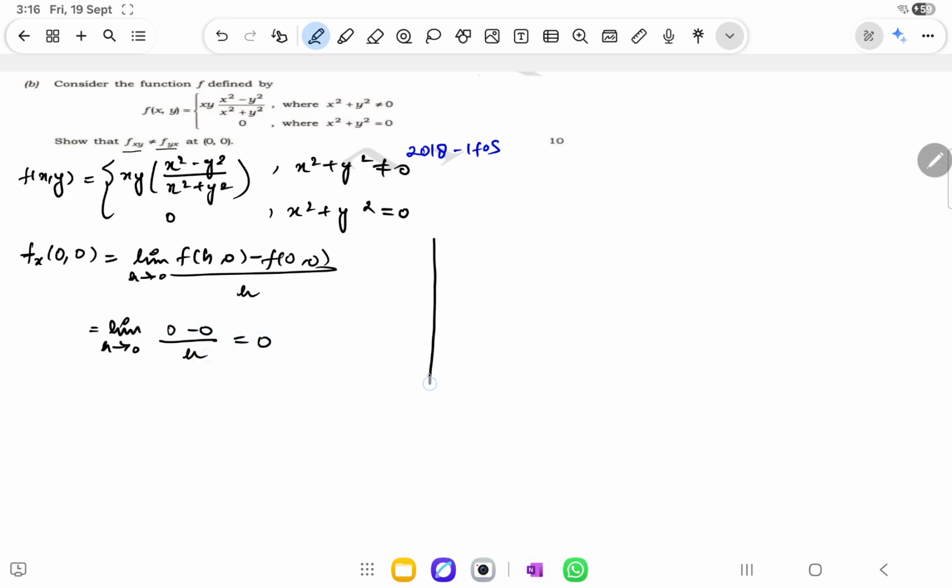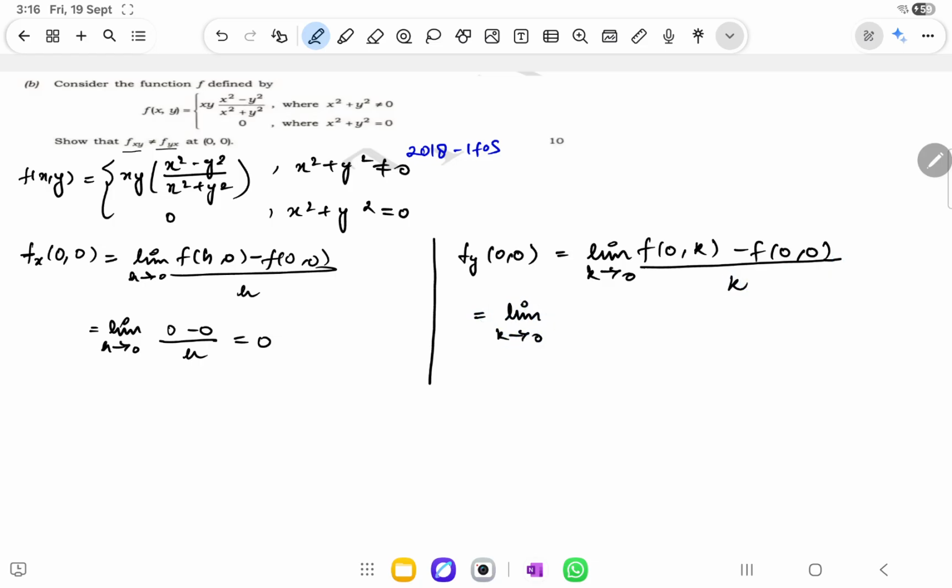Likewise, if we calculate fy(0, 0), this will be the limit as k tends to 0 of [f(0, k) − f(0, 0)] divided by k, which is the limit of (0 − 0) divided by k, and this is also 0.